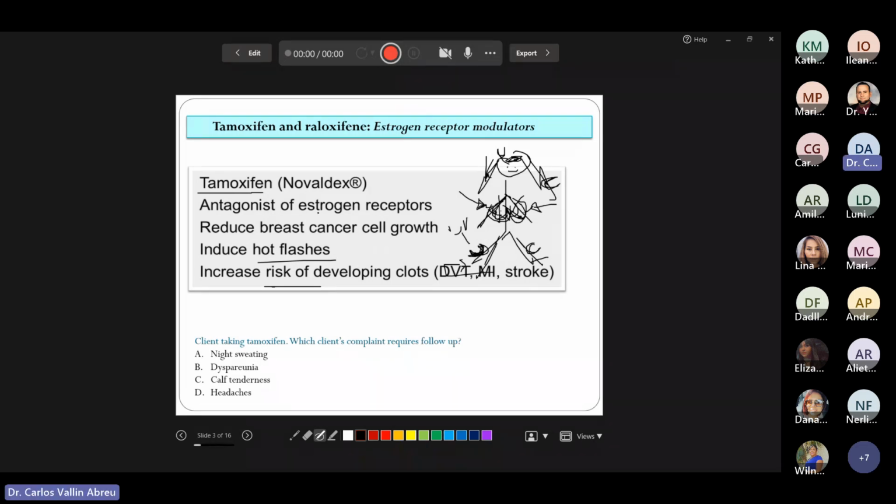So the client that is taking tamoxifen is avoiding a new breast cancer, but could be suffering from hot flashes, which is annoying, but also could be at higher risk. Higher risk doesn't mean that they necessarily have it, but they are at higher risk of developing DVT.